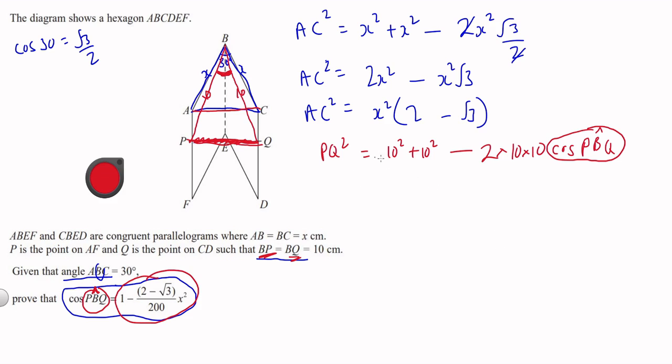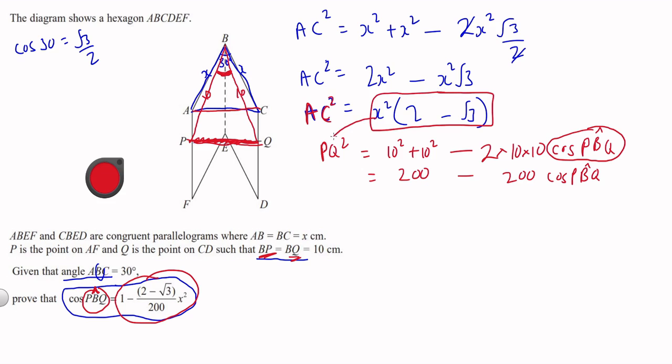Let's just simplify this a little bit. 10 squared plus 10 squared is 200. Minus 2 times 10 times 10 is 200, cos PBQ. And this PQ, remember, is the same as AC. Or you can say this AC squared is equal to all of this.